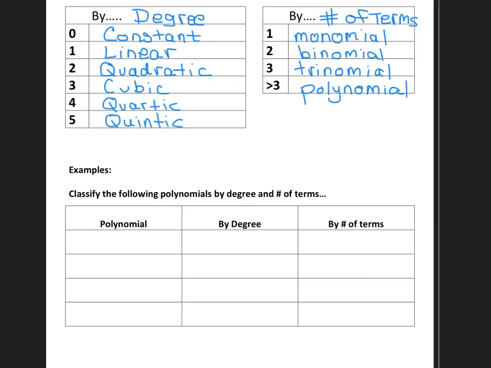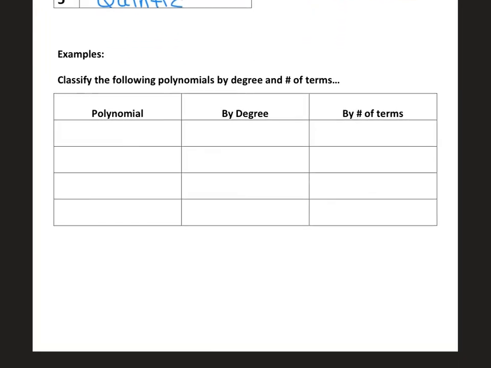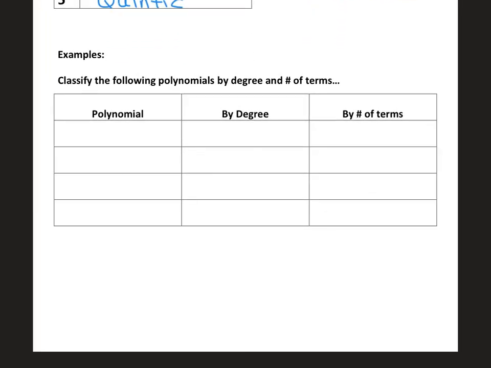So let's take a look at some specific examples so you get the hang of the new vocabulary. An example of a constant: we could write just a number, 110 for example. Really, I'll put it in parentheses, this is really 110 times x to the 0 power.